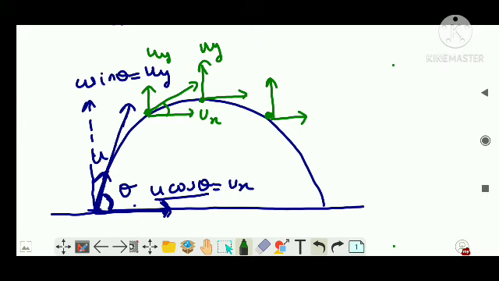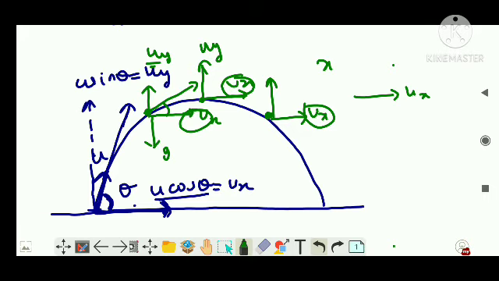Considering only the x direction, here ux, here also ux. I can say the velocity ux is not at all changing because nothing is acting on ux. It is free. Whereas when I consider the y direction velocity, that is uy, there acts what is known as g.